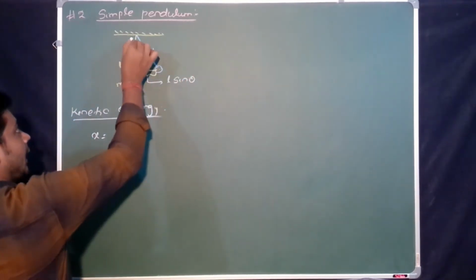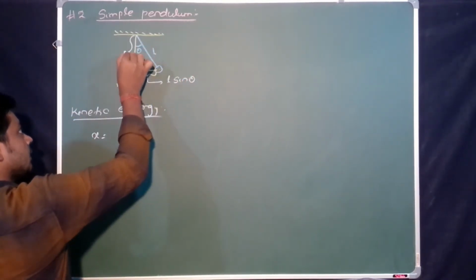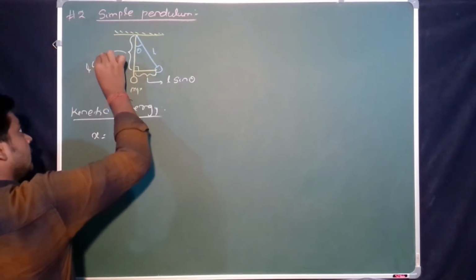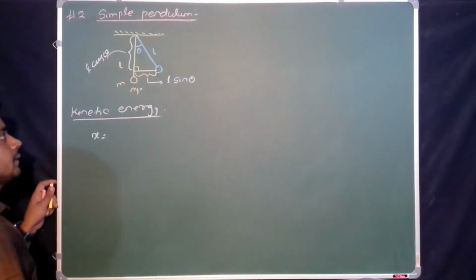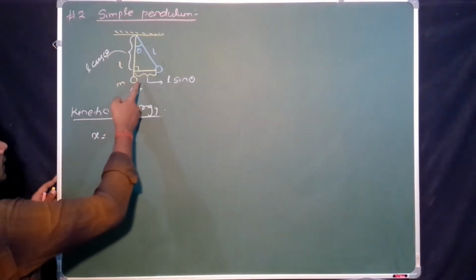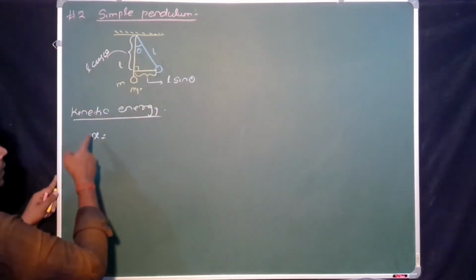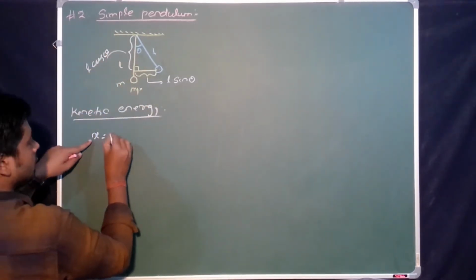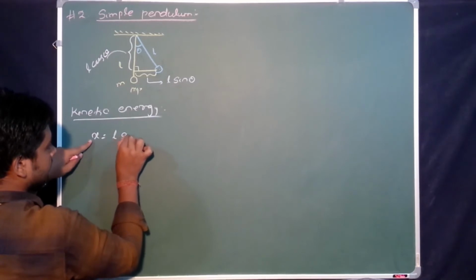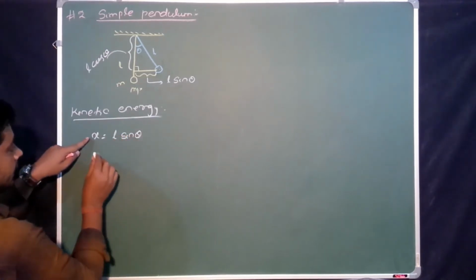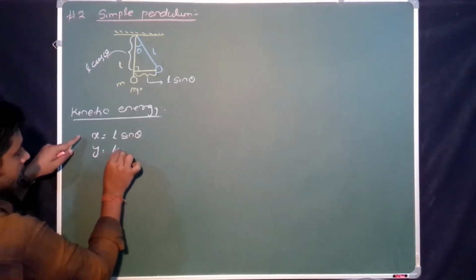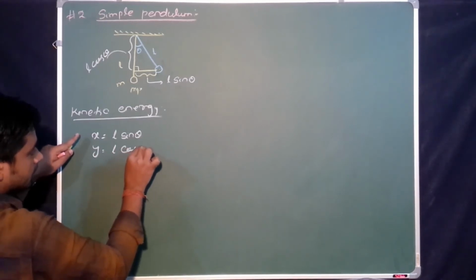Yes or no? And this becomes L cos theta. Okay, this is along the x axis and this is along the y axis. So here you can write x equal to L sin theta, then y equal to L cos theta.